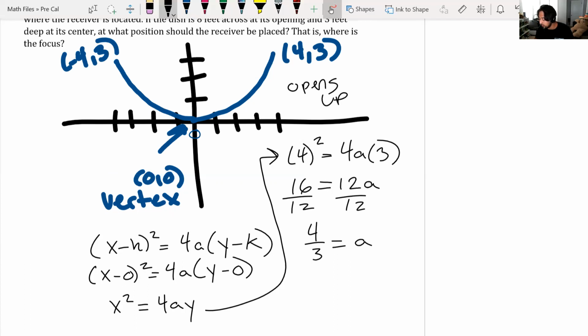And since we are talking about distance here, we want to know the exact place to put it. So in order to receive signals best, the receiver or the focus should be placed at 1.33 feet.